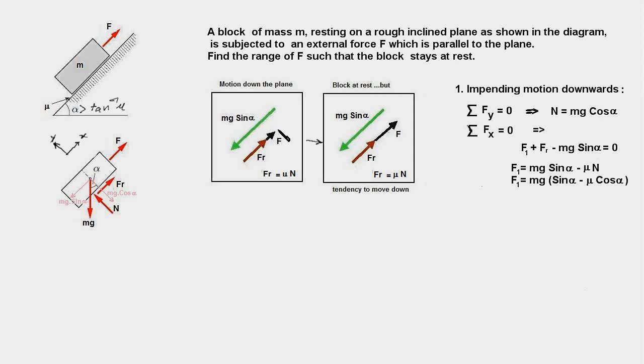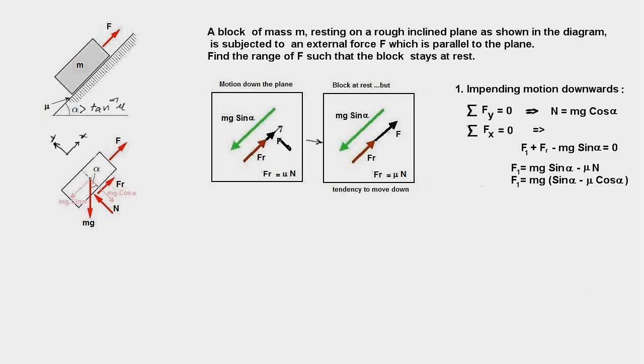Now if we increase the externally applied force by a little bit like this, even then the combined magnitude of frictional force and F is smaller than mg sin alpha, and therefore at this level of F the block will slide down.